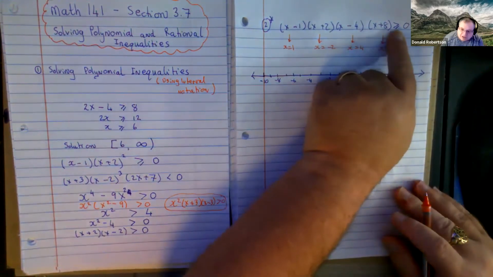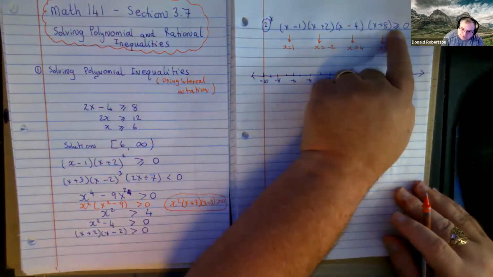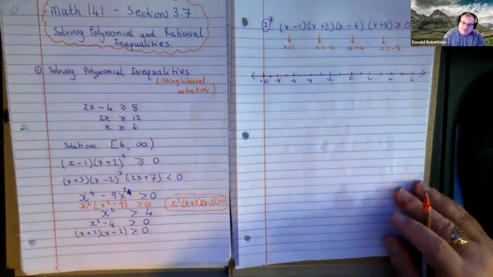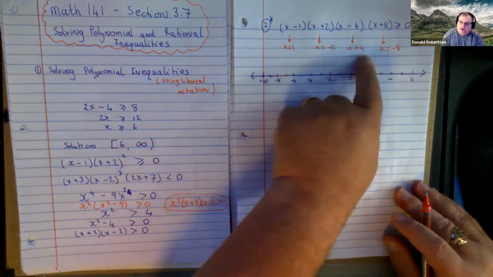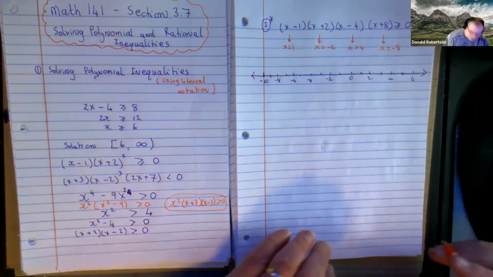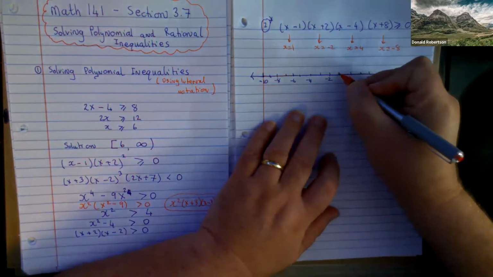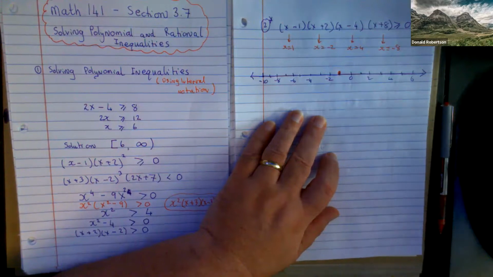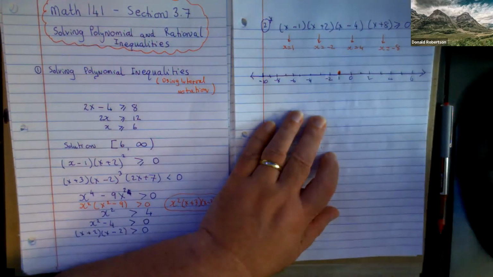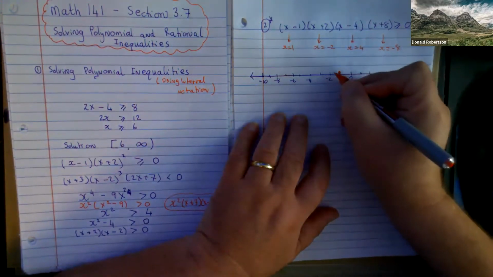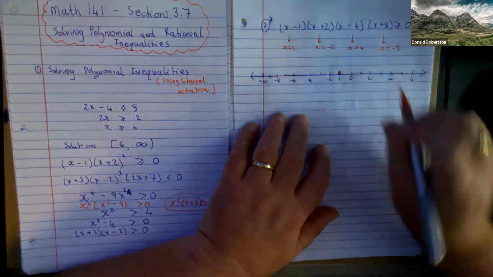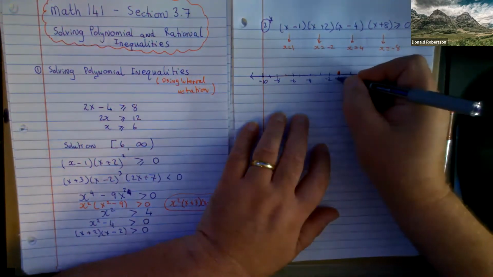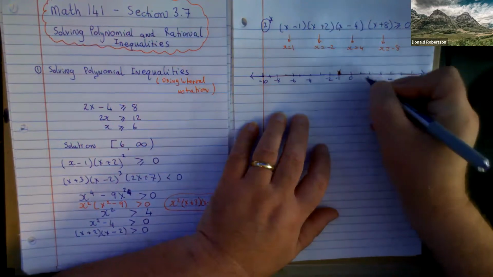Now, in this case, it's greater than or equal to 0, which means that these x values are usable, right? They're allowed to be in the solution. So if I do a solid dot at x equals 1, and at -2, sorry, my mistake, pretend that's not there.